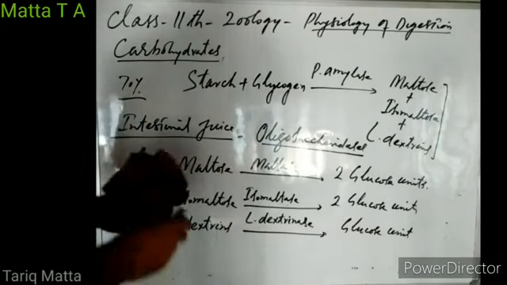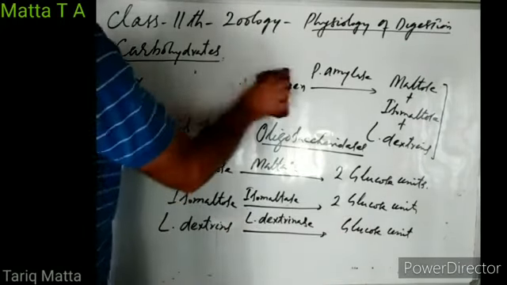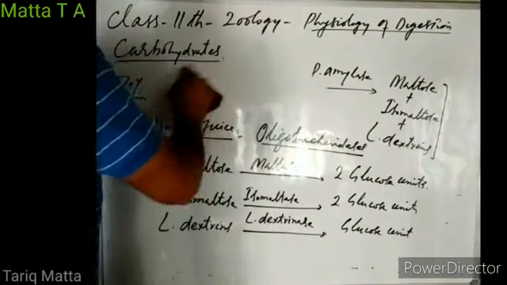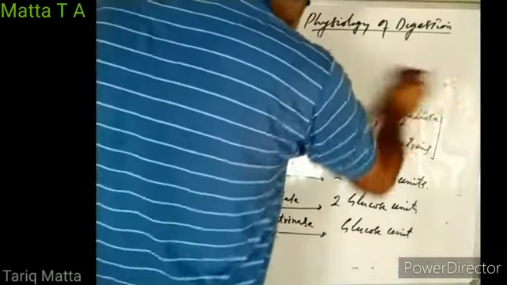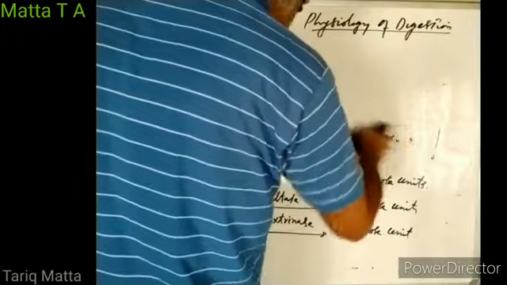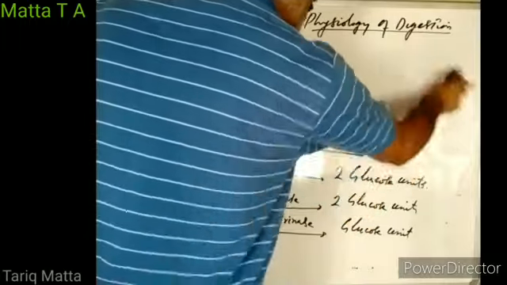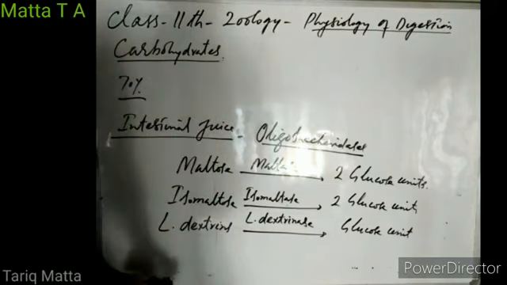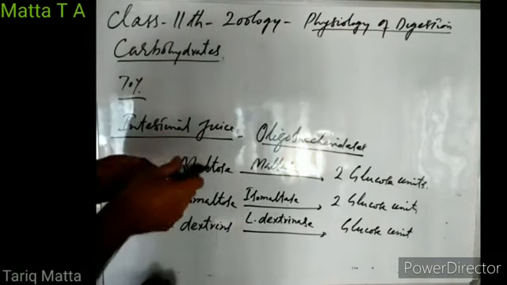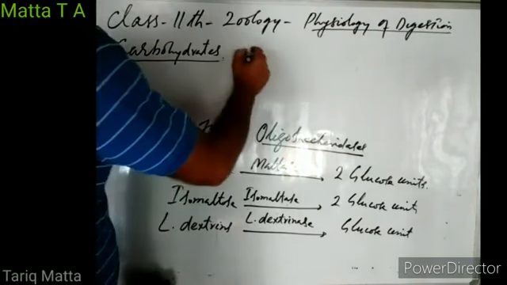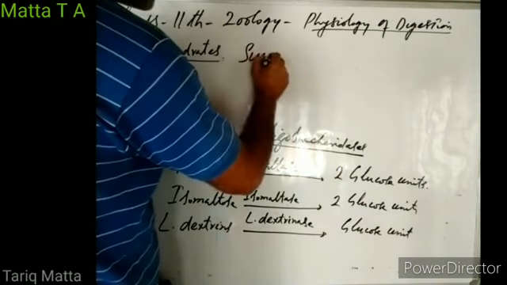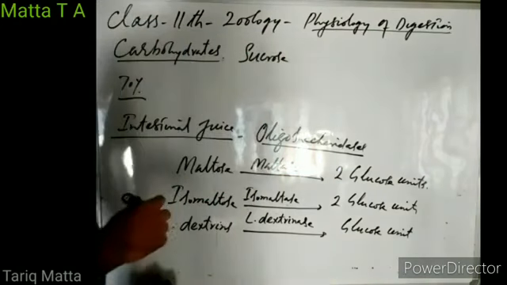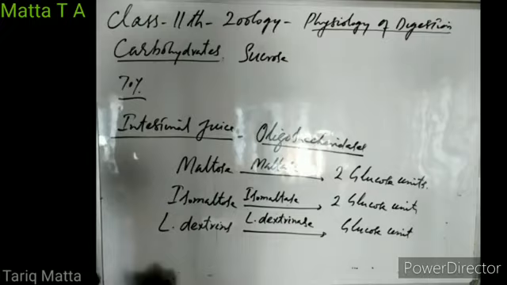Similarly, we take sugar along with tea, coffee, sweets, etc. That sugar is sucrose. Sucrose is also known as cane sugar, right?